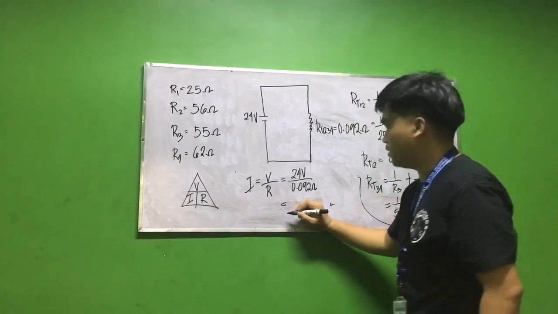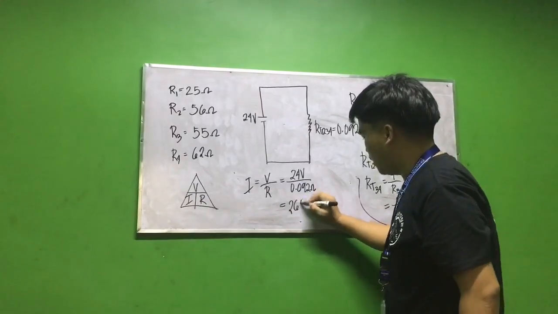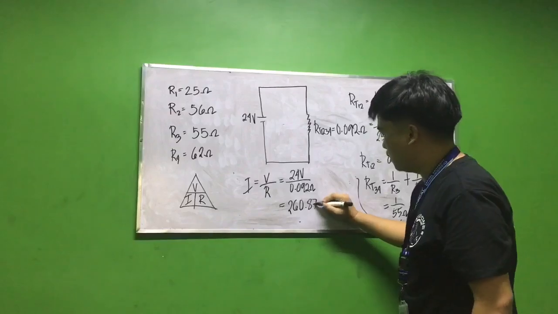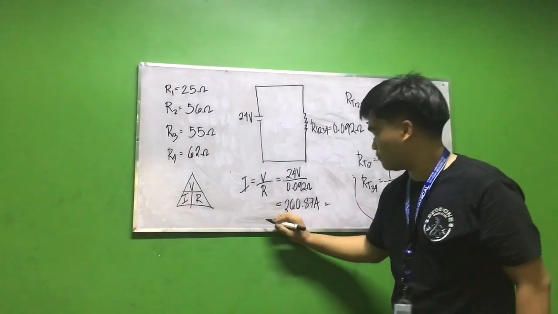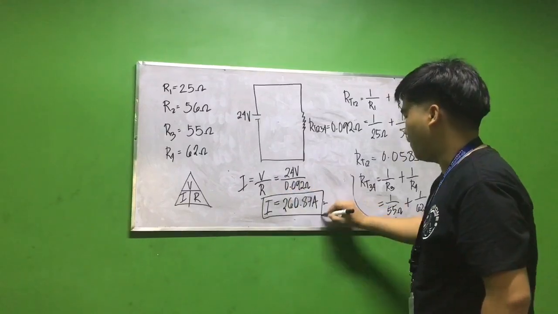So we have the total current is 260.87 amperes. So this is the final answer.